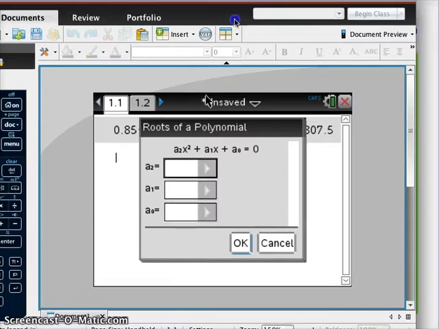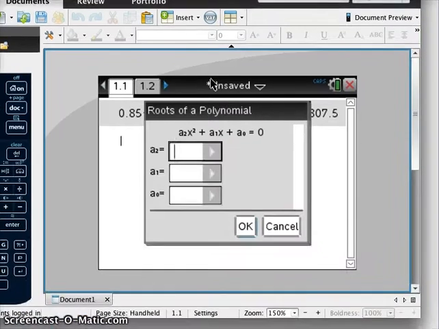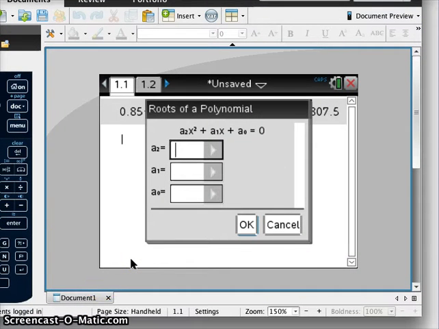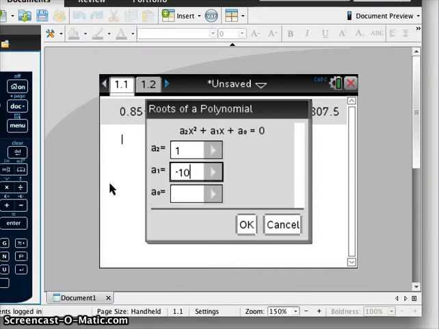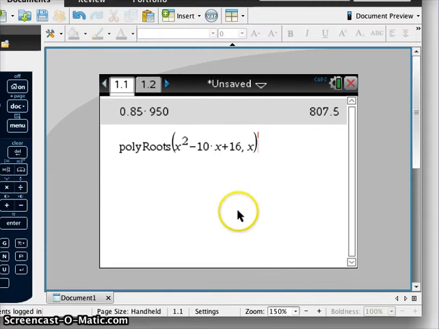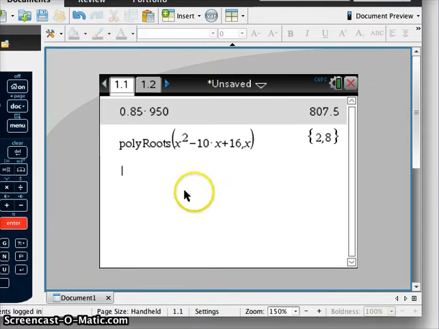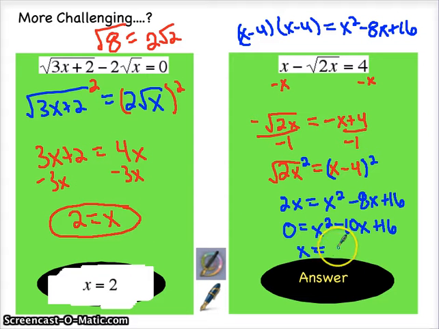And I'm going to look for when I've got a 1, negative 10, and a 16. So 1, negative 10, and 16. Go ahead and hit enter. We'll hit enter one more time, and you'll notice we get answers of 2 and 8. So our answers here are 2 and 8.